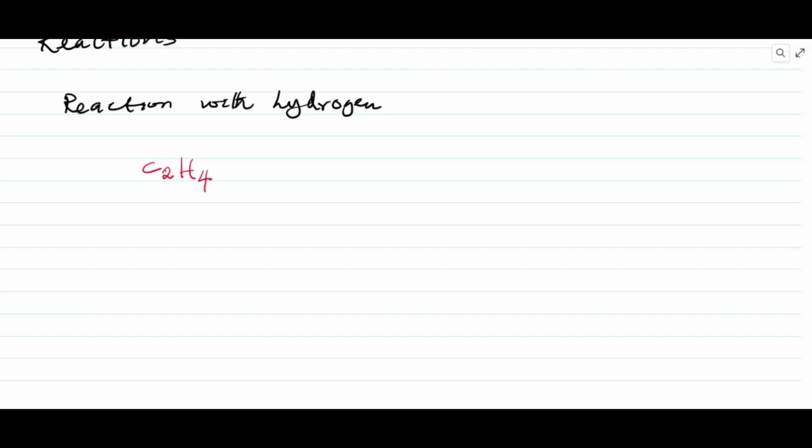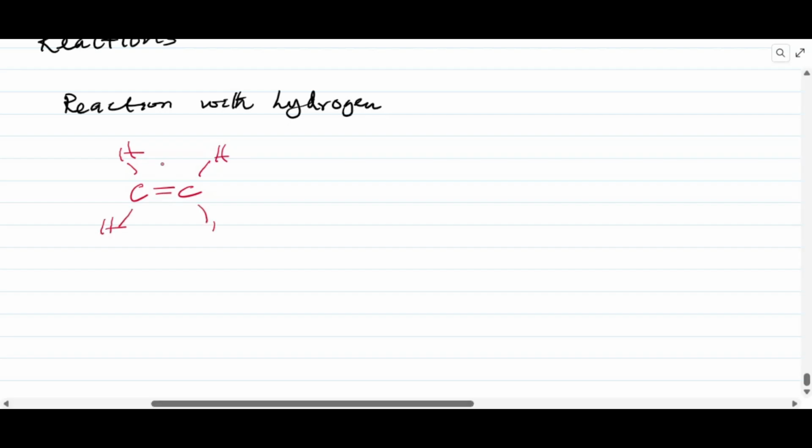We're talking about reaction of ethene with hydrogen this time around. Let's use the displayed formula so it will be easier to understand. Carbon to carbon double bond, H and H, H and H, which is C2H4.